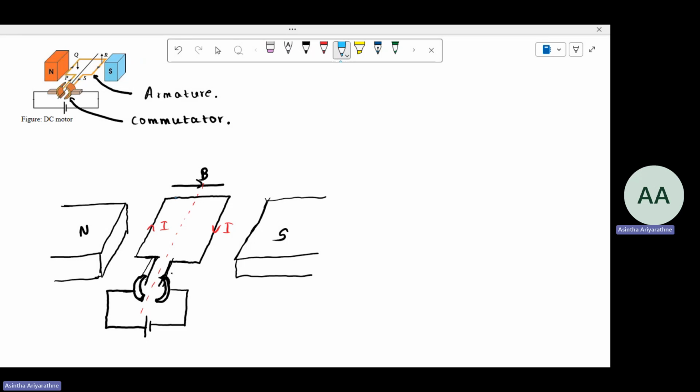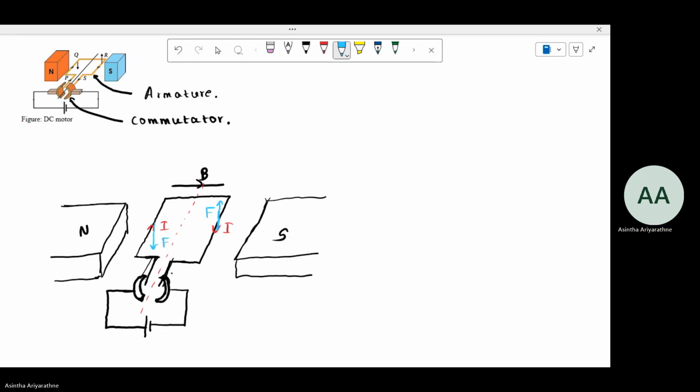What is the direction of the force? The current flows in this direction, the magnetic field is this, so the magnetic force is what?